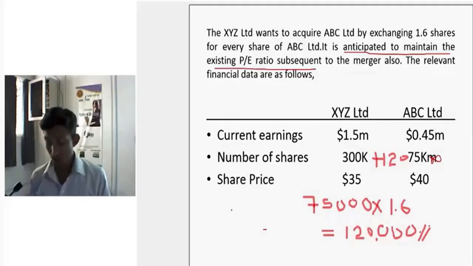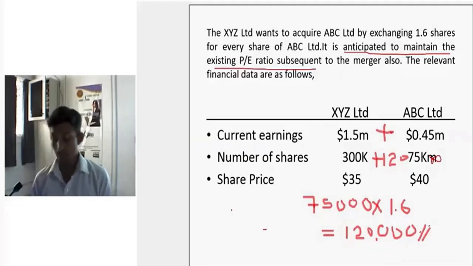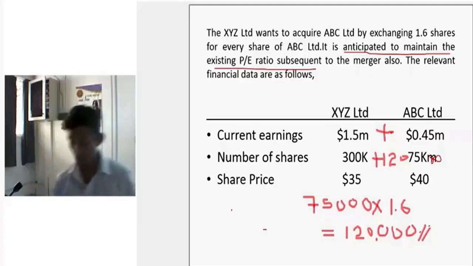So let's calculate the total earnings. That's going to be 1.5 million plus 0.45 million. That's the total earnings. The total number of shares is 420,000. So let's calculate the new earnings per share of the company.